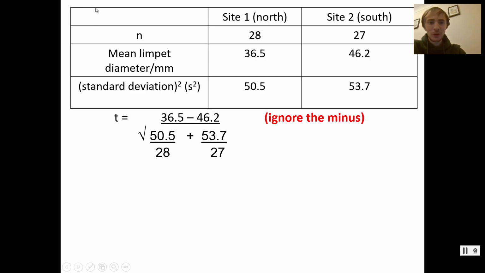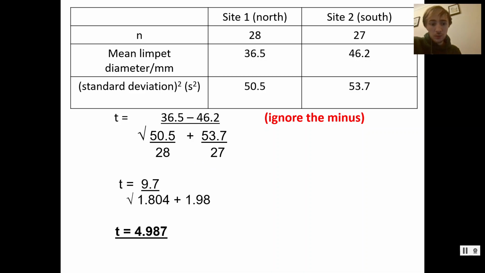So we've got 36.5 minus 46.2, all divided by the square root of the whole thing, 50.5 over 28, add 53.7 over 27. And if you do that, you should get a number of 4.987. So 4.987 is our number.